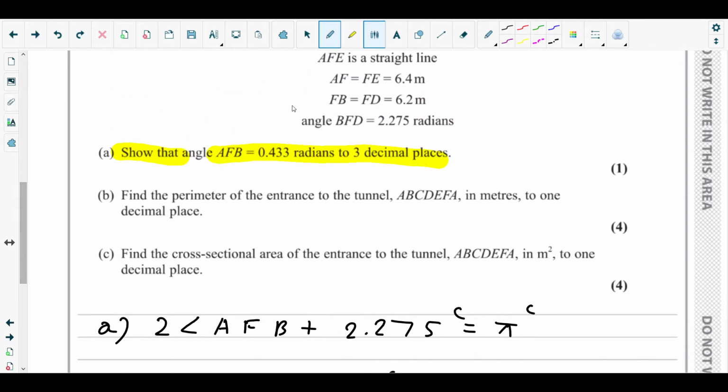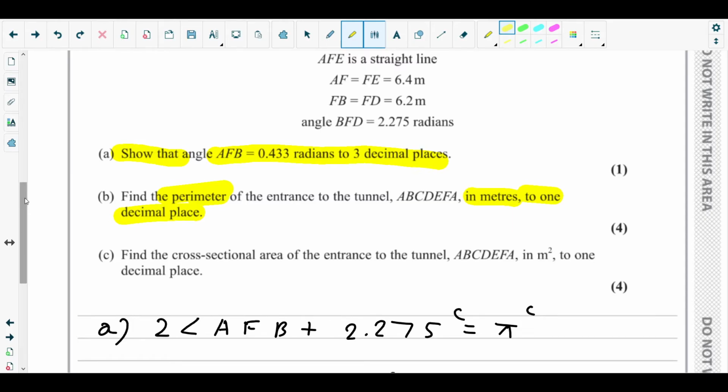Part B asks us to find the perimeter of the entrance to the tunnel. Perimeter means the border length of the tunnel, ABCDEFA, in meters to 1 decimal place.